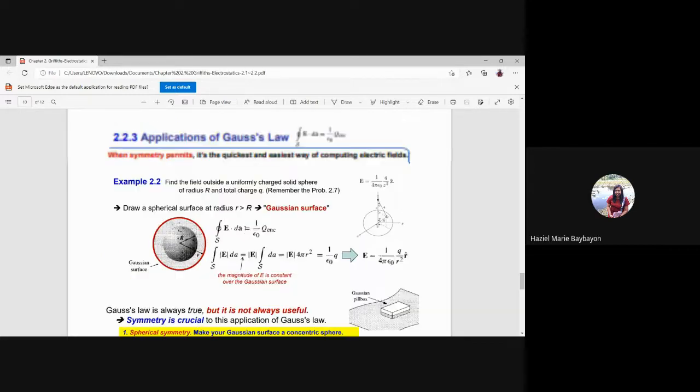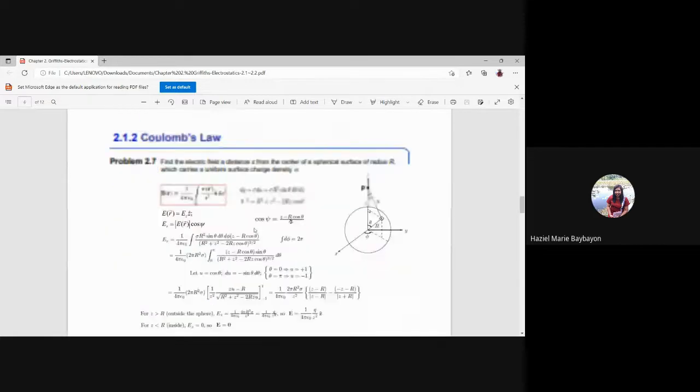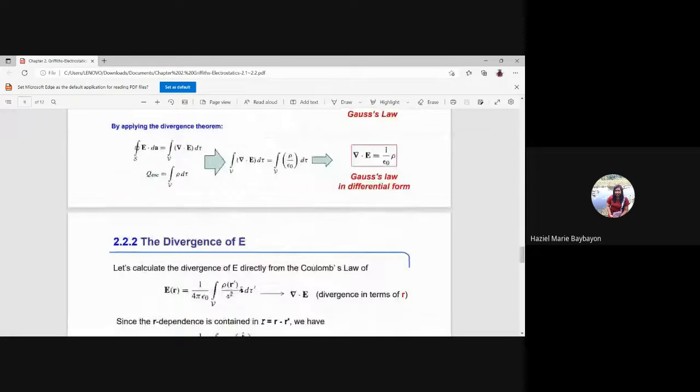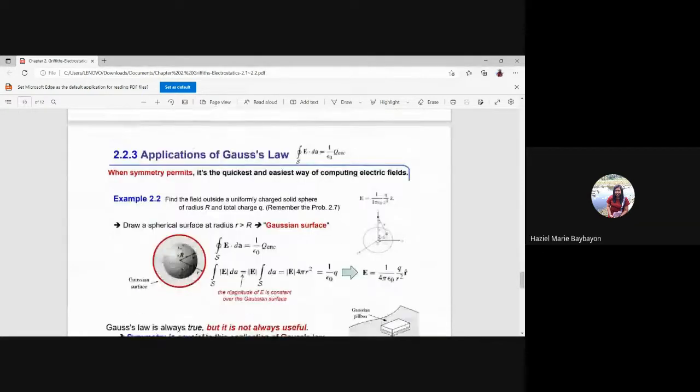It was quick in class because earlier it was a long equation. You need to consider geometry, you need to know the integral, the variable changes, the limits change. And what we got is 1 over 4 pi epsilon naught Q over z squared outside the sphere. And using Gauss' law, we have simplified the process.